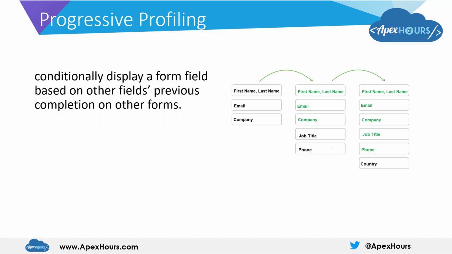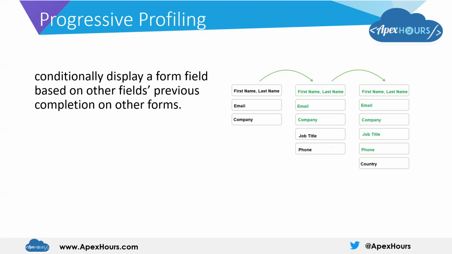If he visits the same form or any other form a third time, then apart from this, a new field called country is displayed, and the prospect can enter the country information. By doing this, companies can incrementally fill in the information of a prospect.